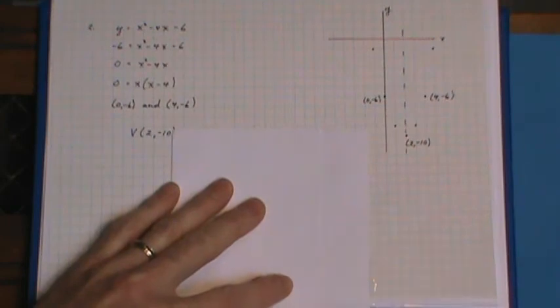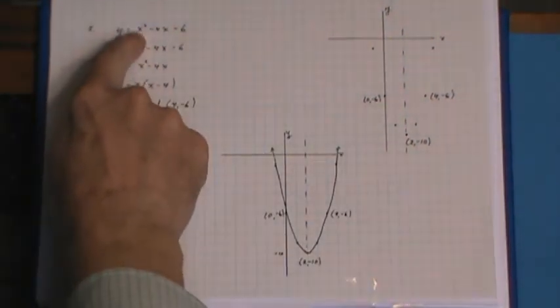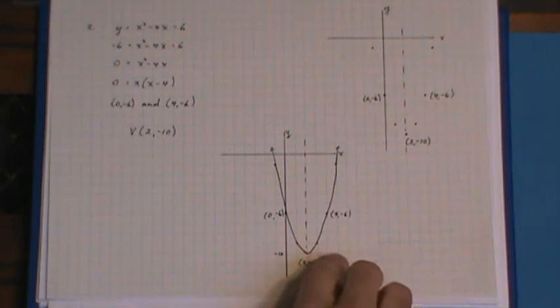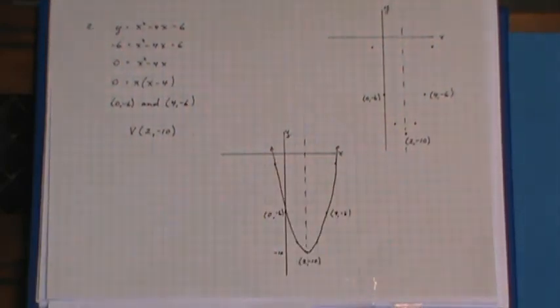And to get another point on the graph, again, because this is a normal shape, same as y equals x squared, if I go over 3 units, I would go up 9, and I would have 2 more points to use to draw the graph.